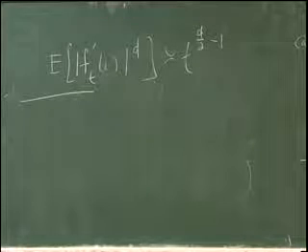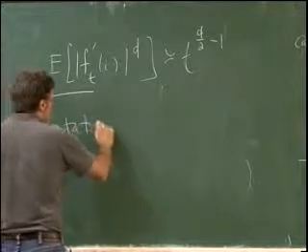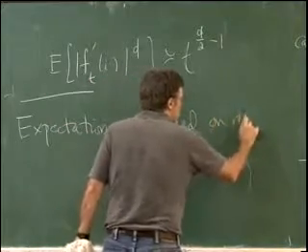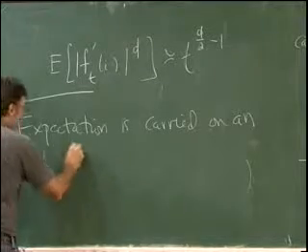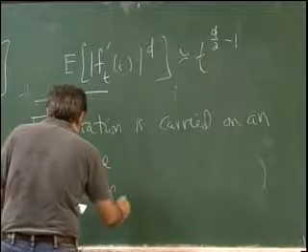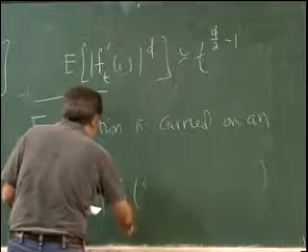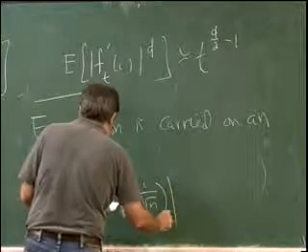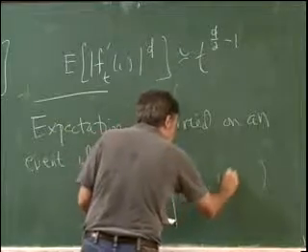So the expectation is carried on an event where f_t prime, okay, I've now converted this into this way, is of order n to the D minus 3 halves.